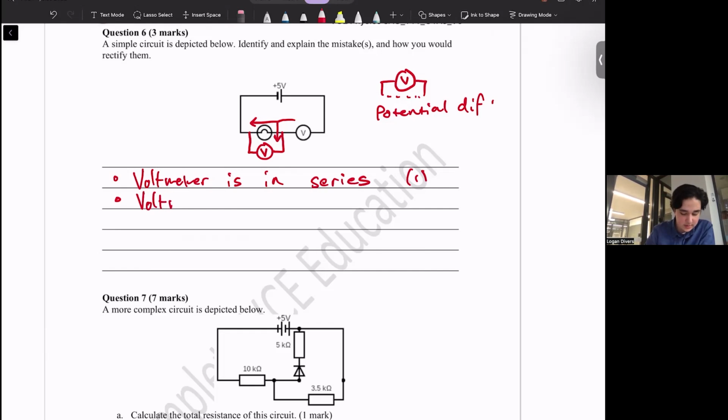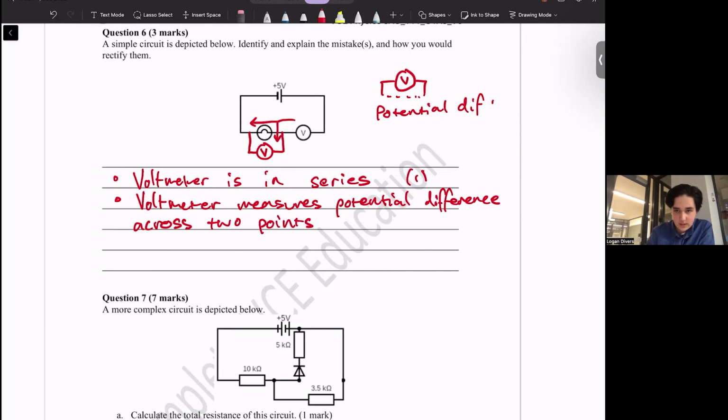The voltmeter measures potential difference across 2 points and will not provide useful info in series.